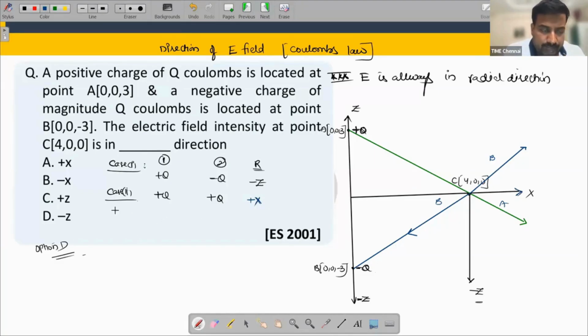Yeah, very good, Bhumika. If I take case 3, this is negative and this is positive. Can you tell me the resultant now?